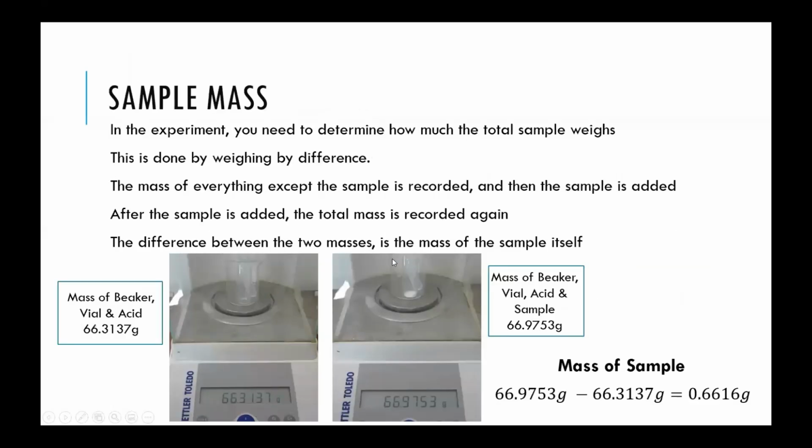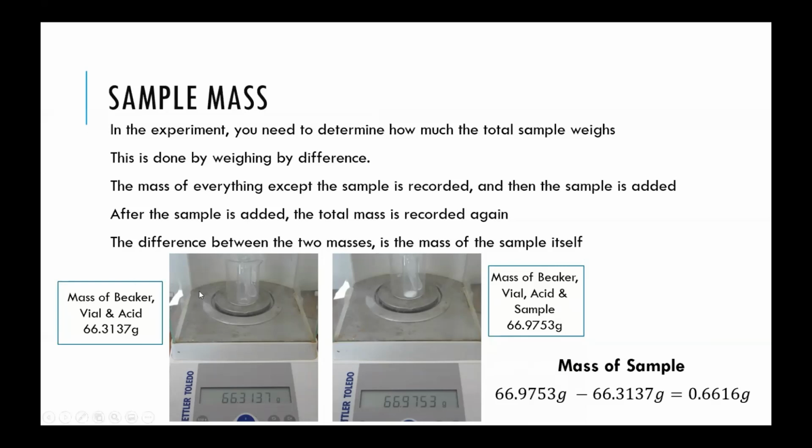So the first thing you're looking at is how much total mass of sample you have. In the experiment, we're measuring an empty beaker, an empty vial, and an amount of acid. This experiment has conservation of mass. Every amount is accounted for, even the mass of the liquid acid.